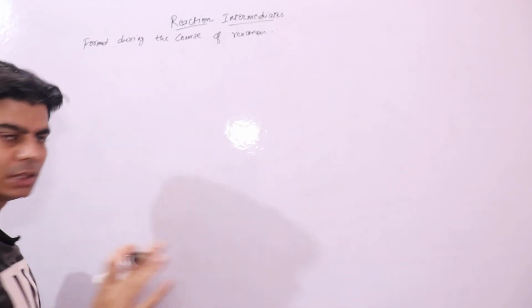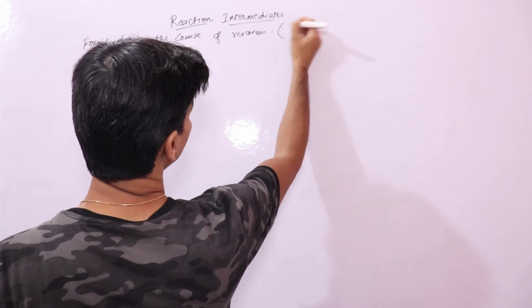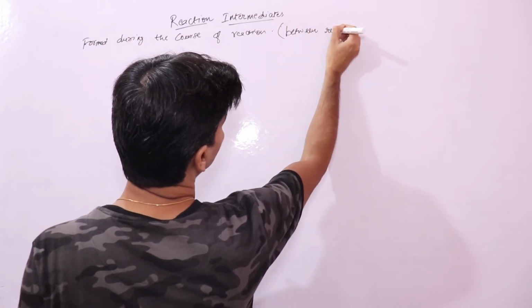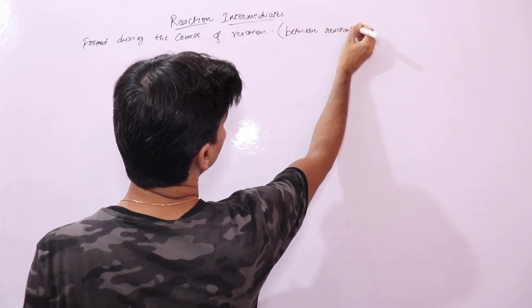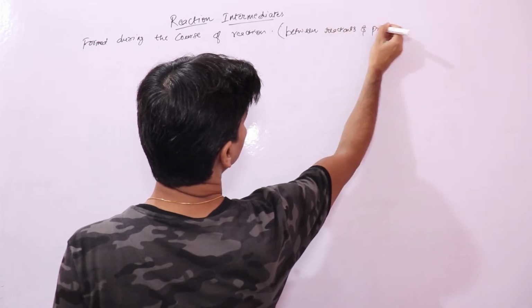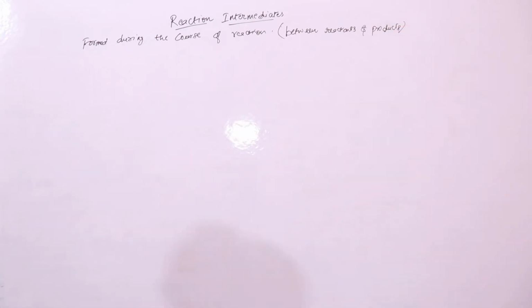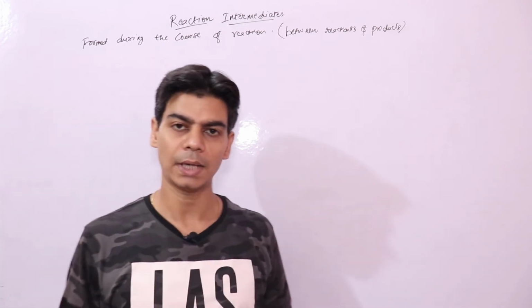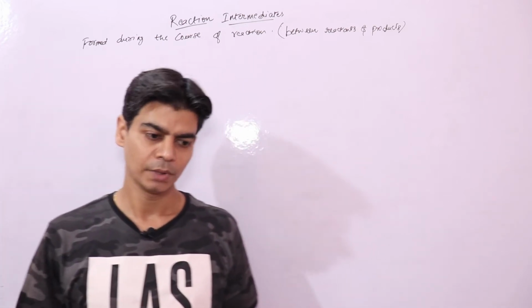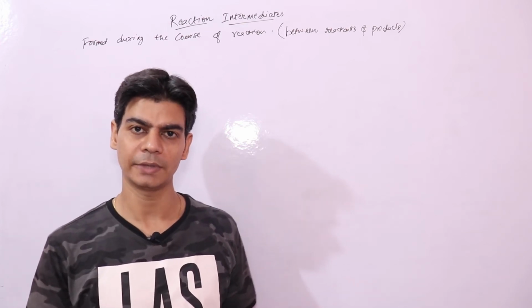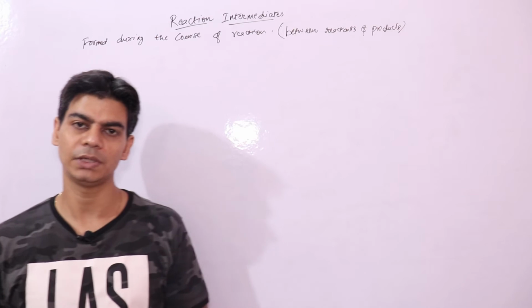Since these are intermediates, they come between reactants and products. Now, homolytic bond fission and heterolytic bond fission will lead to the formation of reaction intermediates, like we did in the previous video lecture.